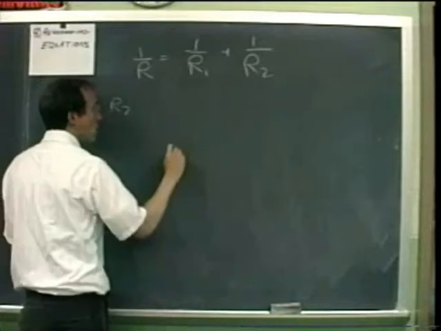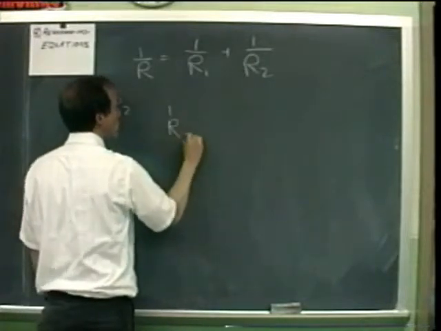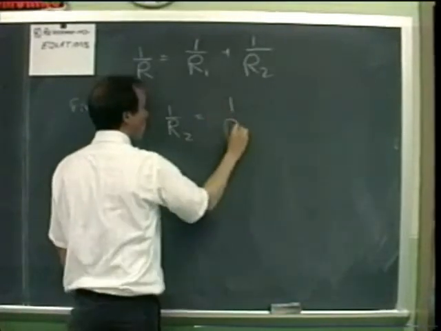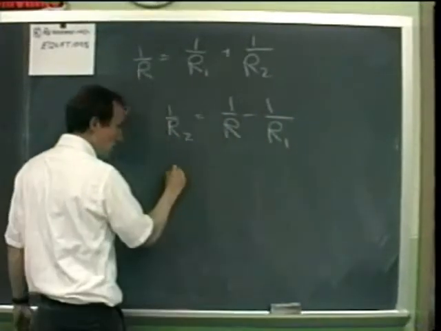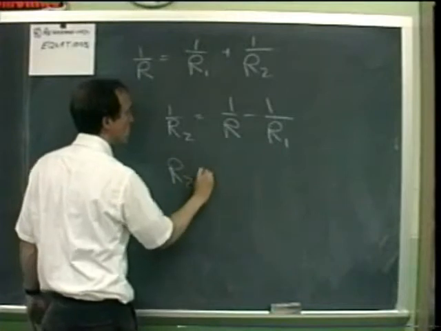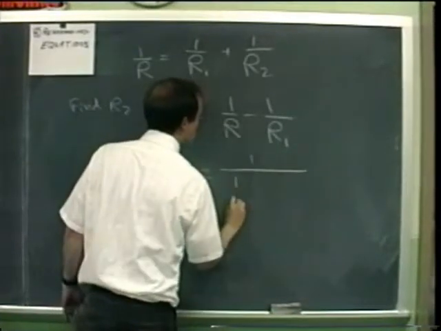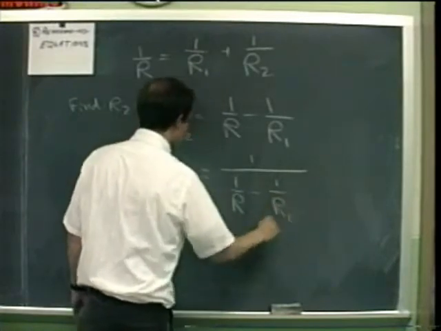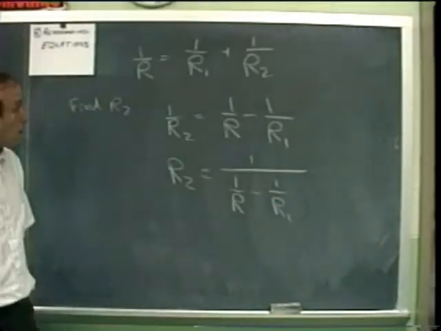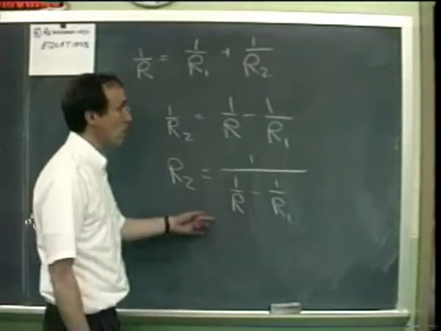Well, we want to get R2 all by itself. We can say 1 over R2 is equal to 1 over R minus 1 over R1. Take the reciprocal. And might as well leave it like that. It doesn't really get much simpler than that.